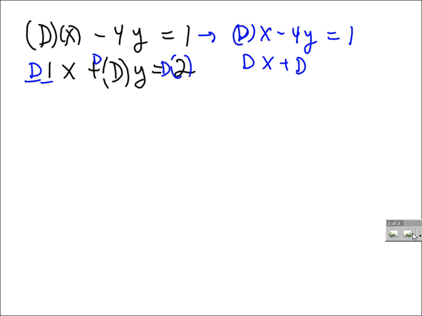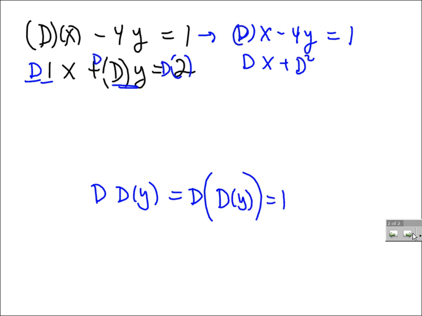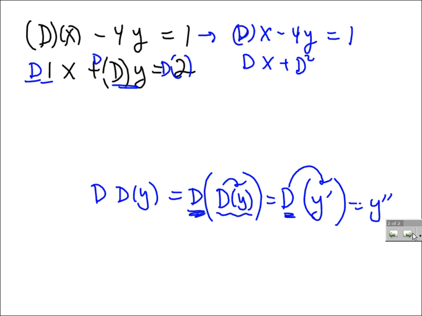And now we have d squared, the second derivative. Take the derivative, remember d, dy. It means d of y. So the d I just wrote here is that d. And what's in the bracket will be what this is equal to. Well, the derivative of y is y prime. And the derivative of y prime is the second derivative. And the derivative of 2 is 0.